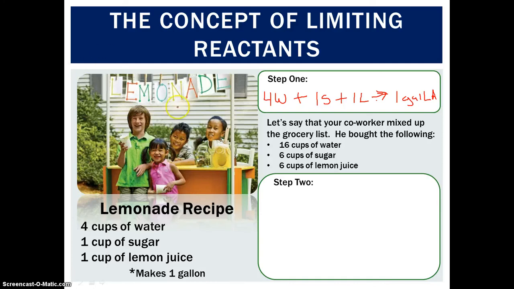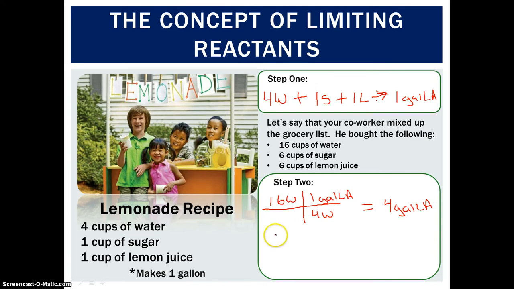If I base it on water, I have 16 cups of water to start with, and I know that for every 4 cups of water, I can make 1 gallon of lemonade. From all 16 cups of water, I could make 4 gallons of lemonade.